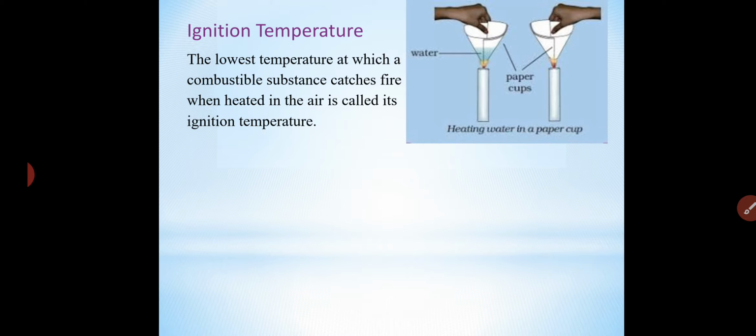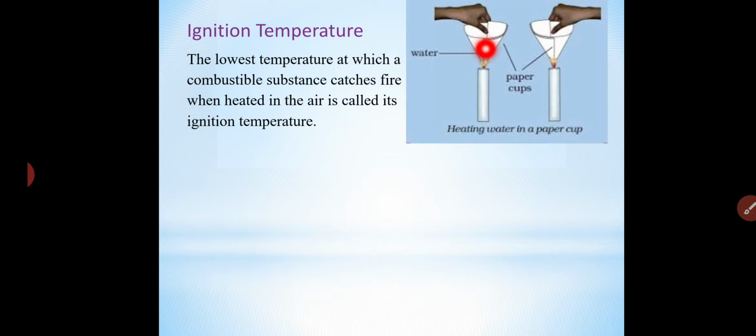For example, if we take a paper cone and pour water in it, and keep another paper cone empty, and now burn both papers over the candle, which will burn easily? No doubt the empty paper will burn easily, because the heat released by the candle will be absorbed by the water to heat the water.